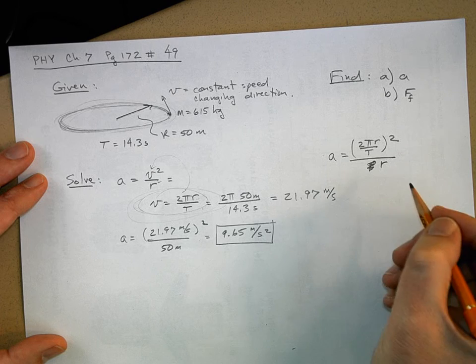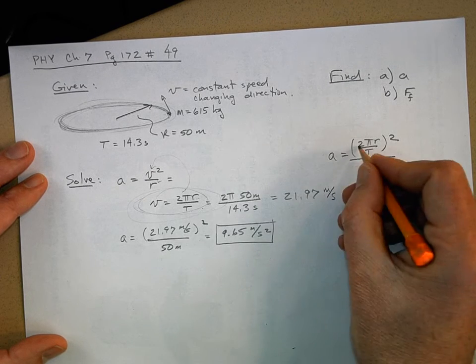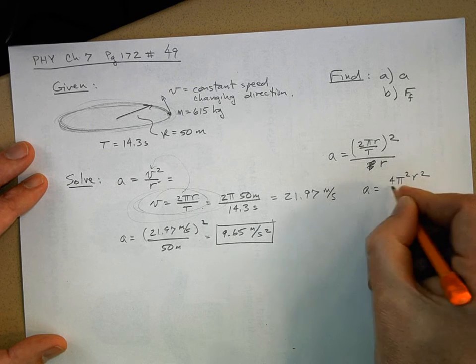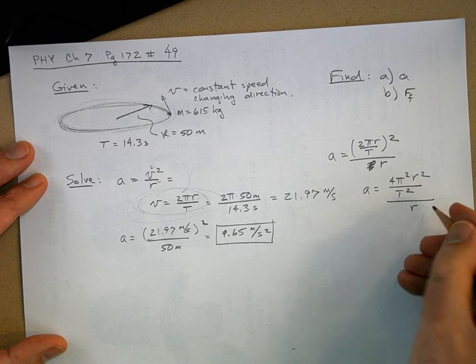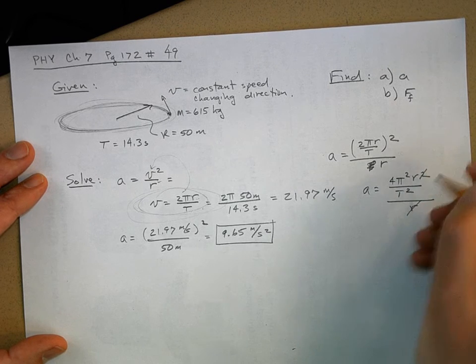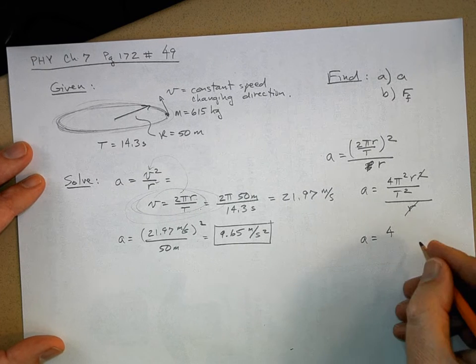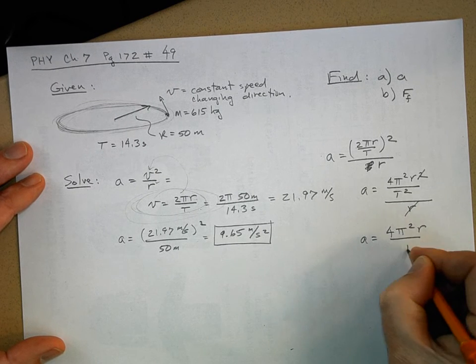Divide that by r, and then you get, okay, a equals, well, 2 squared is 4, pi squared r squared over the period squared divided by r. So this r cancels with that, and so you get this equation, 4 pi squared r over the period squared.